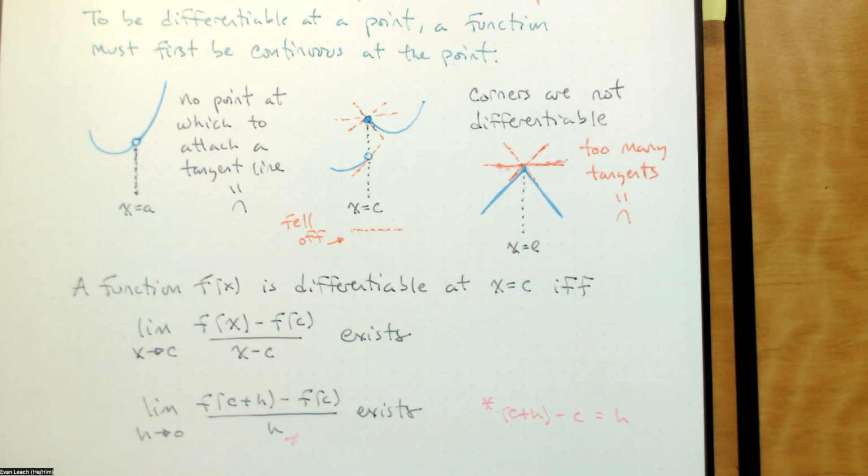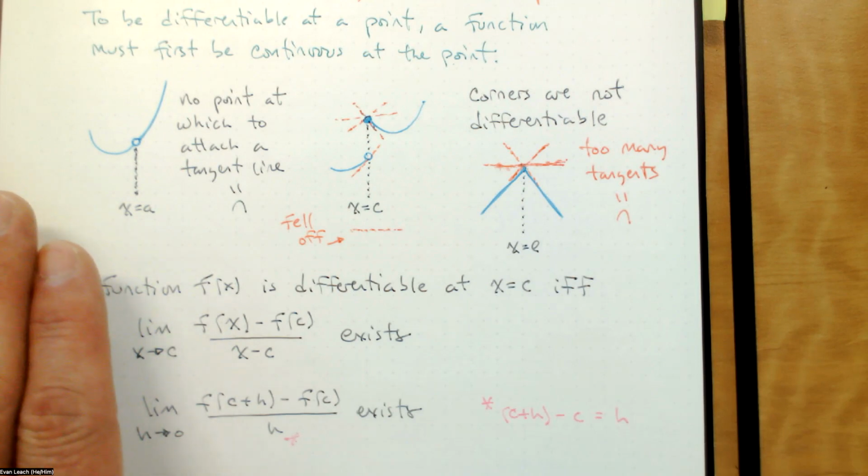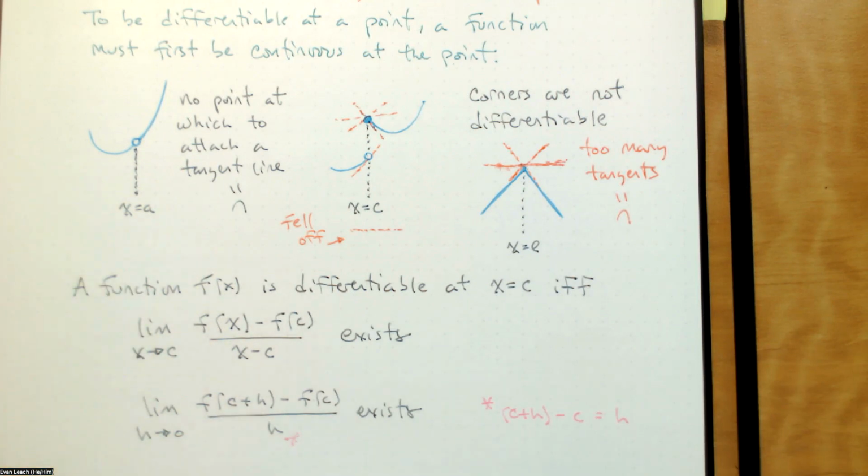I also want you to see the slope formula, us trying to calculate this slope when we're deciding if something is differentiable or not. I want you to think of differentiability as a stronger form of continuity. If a function is differentiable, then it is continuous, but a function can be continuous without being differentiable.